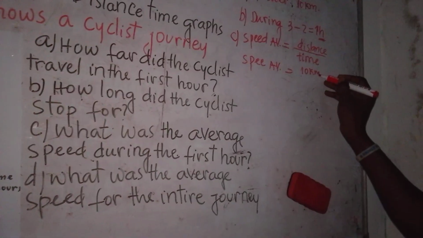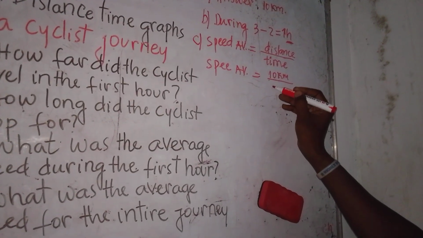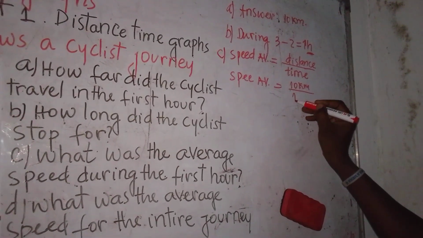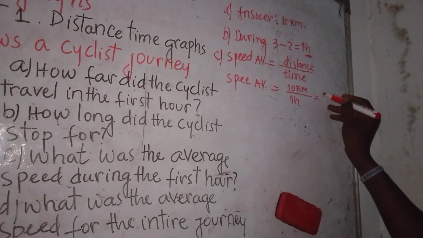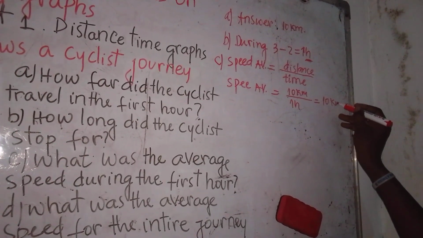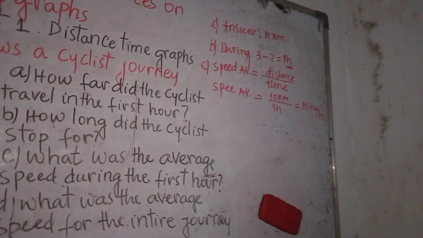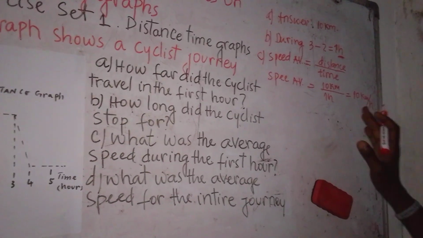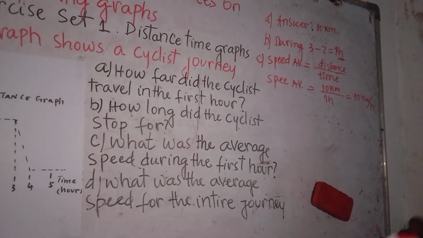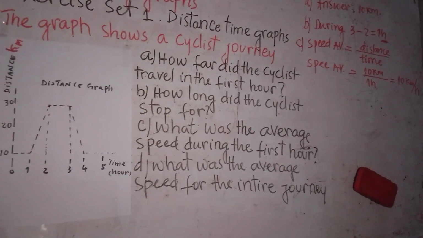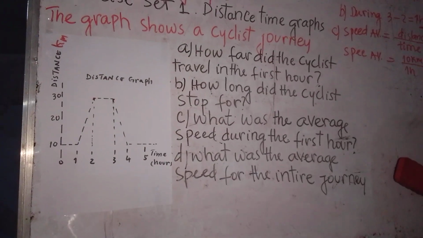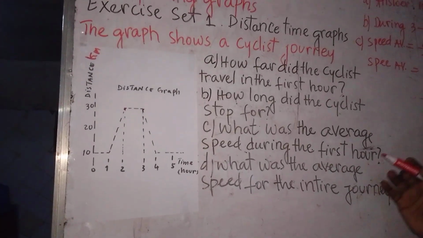Then it's equal to 10 kilometers over the time, which was 1 hour. It's equal to 10 kilometers over 1 hour, or 10 kilometers per hour. This is the average speed that the cyclist had during the first hour.